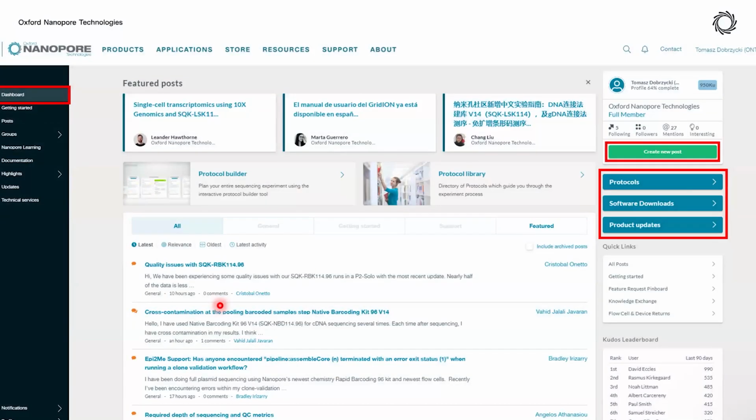So if you go to the Nanopore community website, you can create an ID to log into this community. And I think the Nanopore community website that we have is quite useful. It's kind of for all the learning purposes.